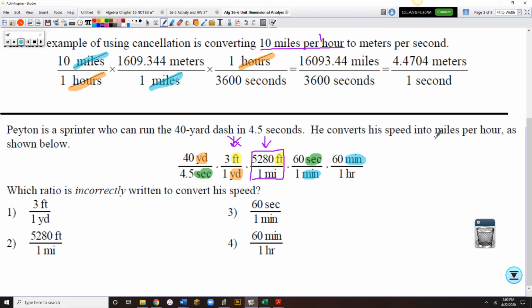And since my answer should be miles per hour, miles should go on top in my final answer. So this is the one that has a fraction that has to flip. Choice 2.